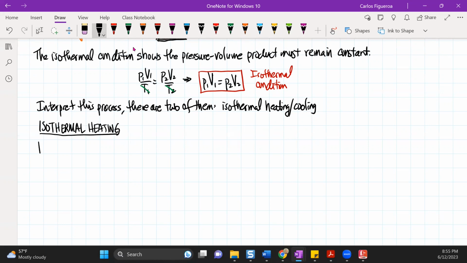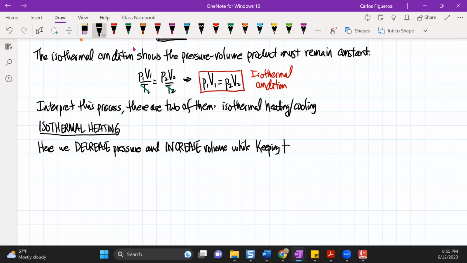So here we decrease pressure and increase volume while keeping temperature and K micro fixed.